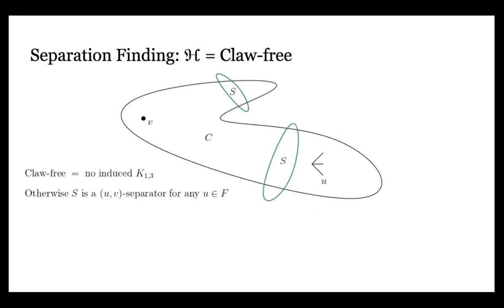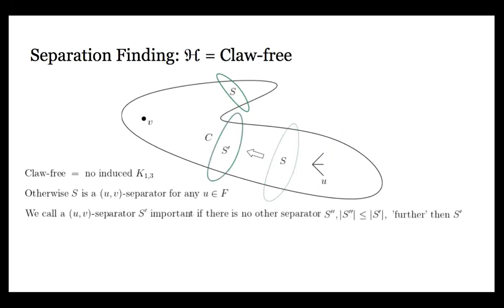The second case is that the claw has an empty intersection with S, but then it means that for any vertex of the claw, S is a UV separator. So let me recall the definition of an important separator. A UV separator is important if there is no other separator of no greater size that is further than our separator S prime.